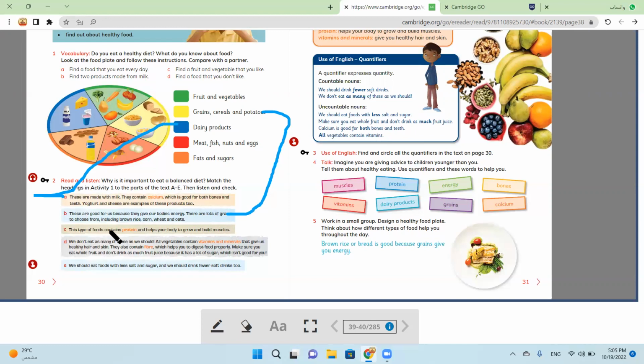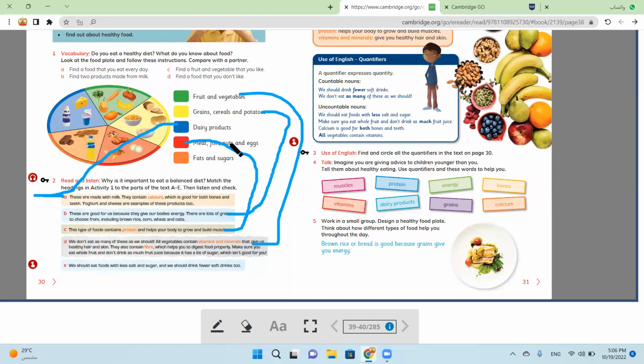C, these types of food contain protein and help our bodies grow and build muscles. It is meat, fish, nuts, and eggs. D, we don't eat as many of these as we should. All vegetables contain, so now we understand it is the first one.